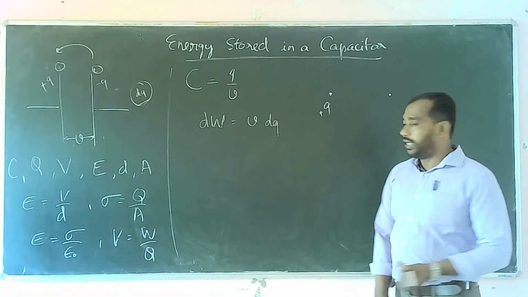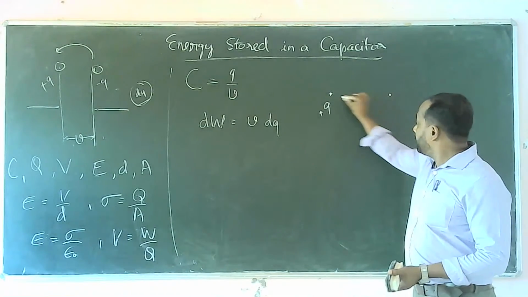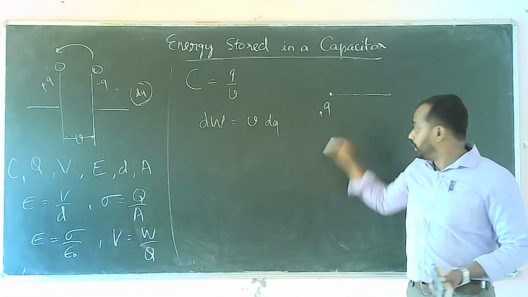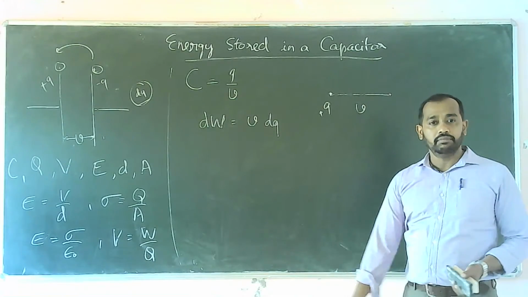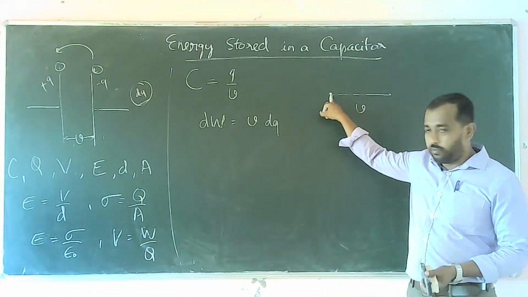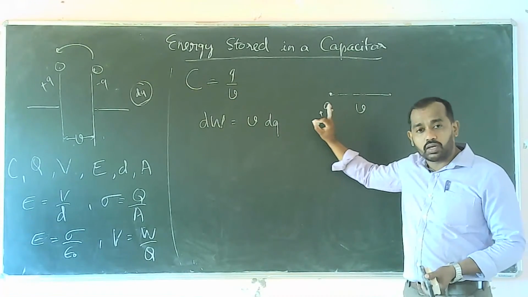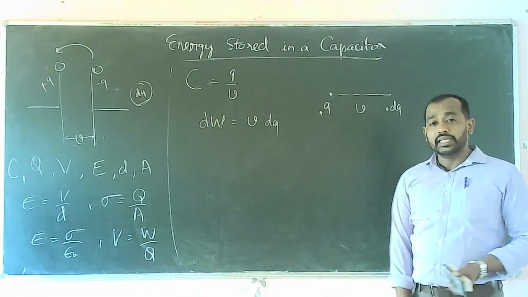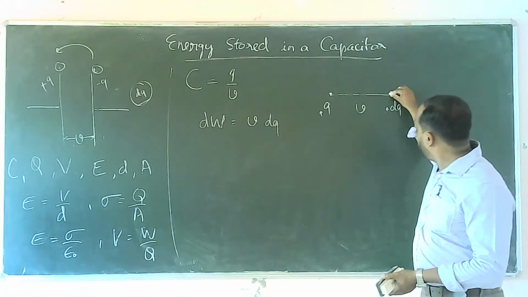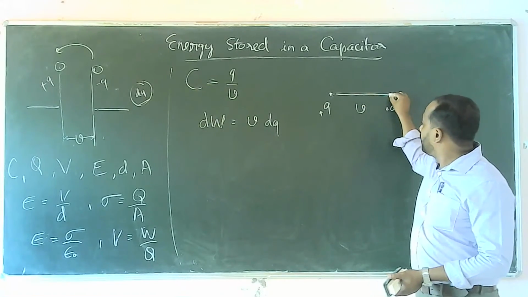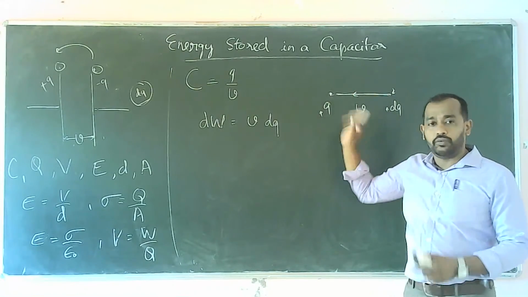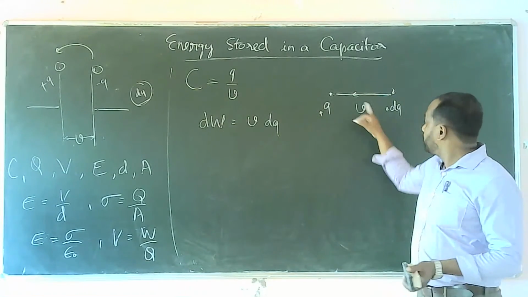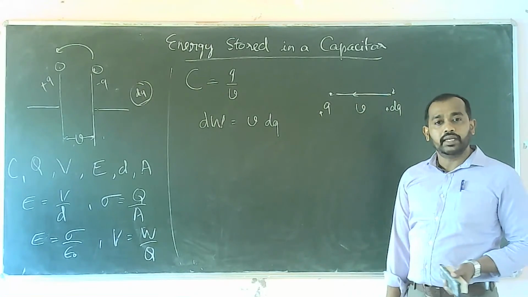There is one more point here, and the potential difference between these two points is represented as small v. This is the positive plate which already has this amount of charge. Now we are transferring an additional amount of charge dq from the second point to the first point, which are the plates.